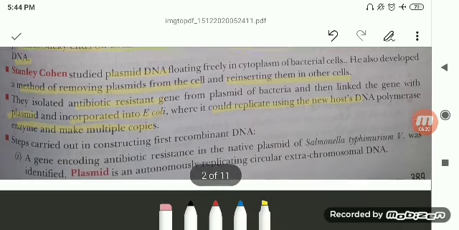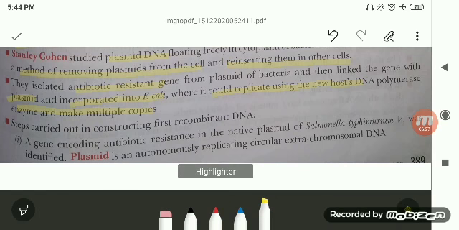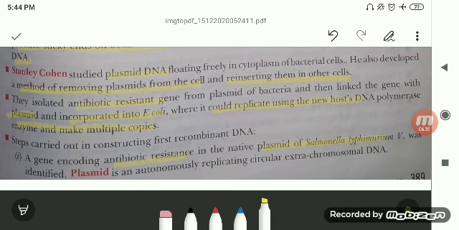The steps carried out for constructing the first recombinant DNA: the gene encoding antibiotic resistance in the native plasmid of Salmonella typhi was identified. What are plasmids? They are autonomously replicating, circular, extra chromosomal DNA.